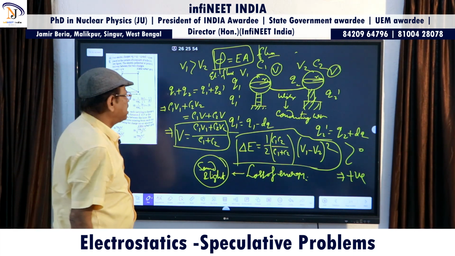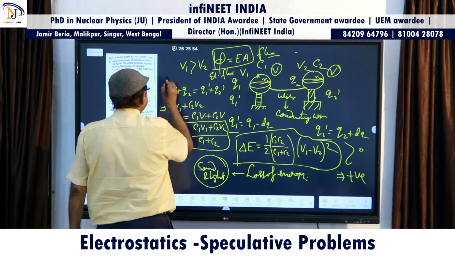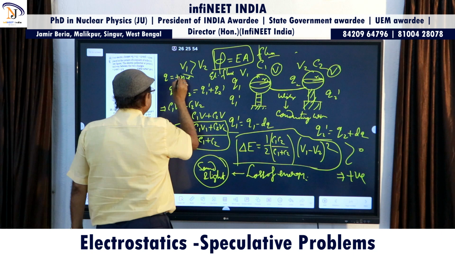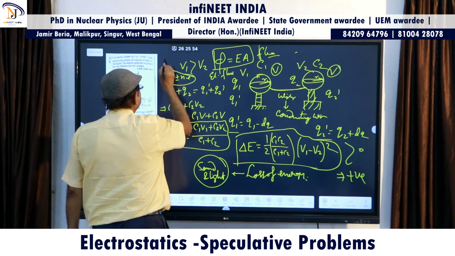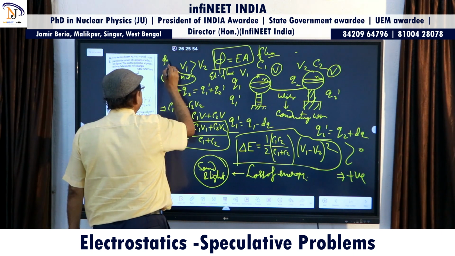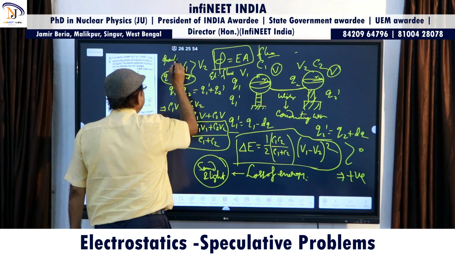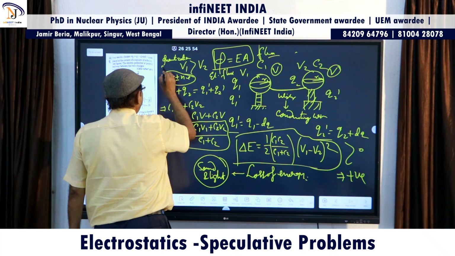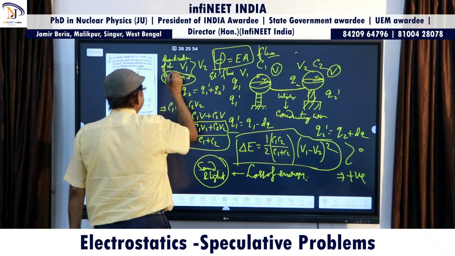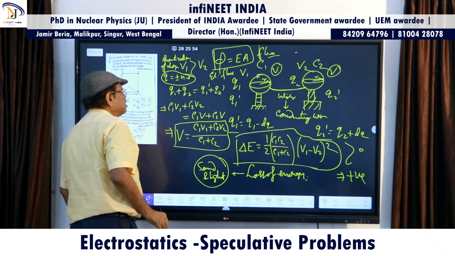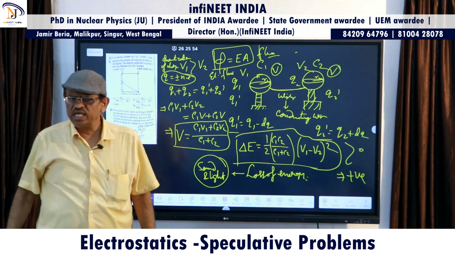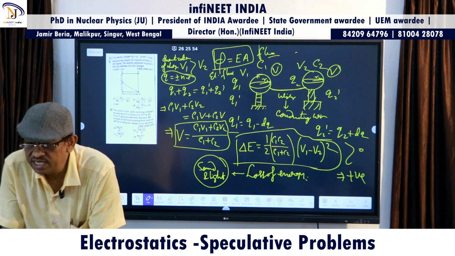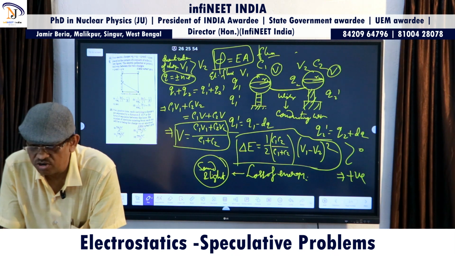What is quantization of charge? Quantization of charge is Q equals plus minus N E. You have to know that no charge can be less than E. E is the charge of an electron.